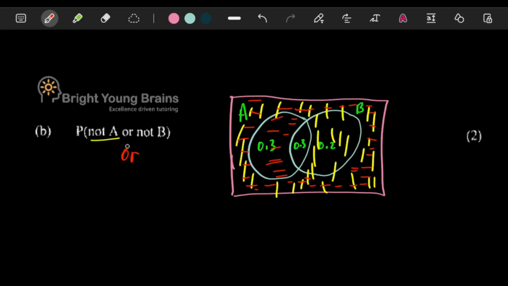So where it is not A, probability of not A or not B basically refers to taking everything together. Everything that is colored in red together with everything that is colored in yellow. That's the part that's your answer. Because the rest is what's not your answer.